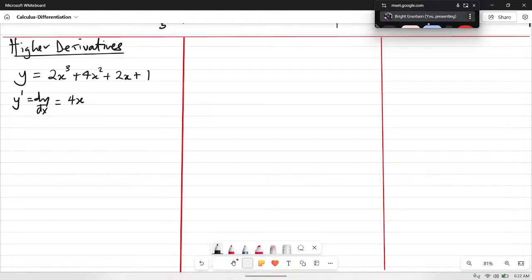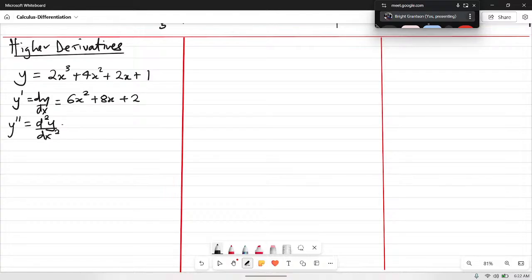If you differentiate for the first time, it becomes 6x squared plus 8x plus 2. When you differentiate for the second time, that is what we call d squared y over dx squared. You are squaring the d at the top, you are squaring the x below.